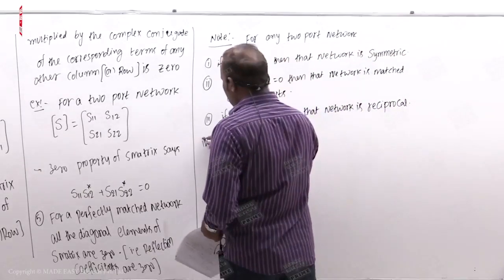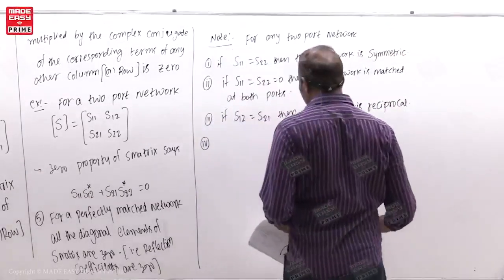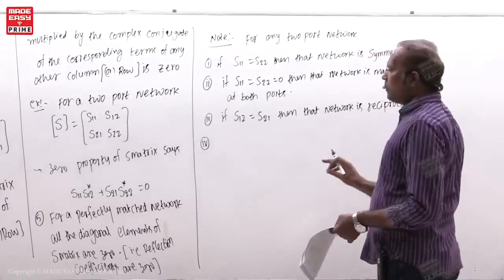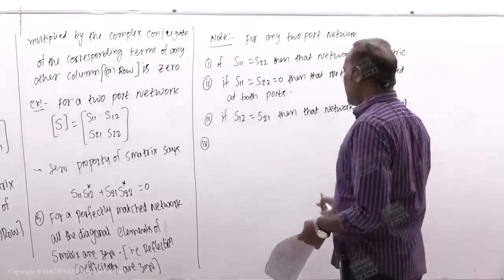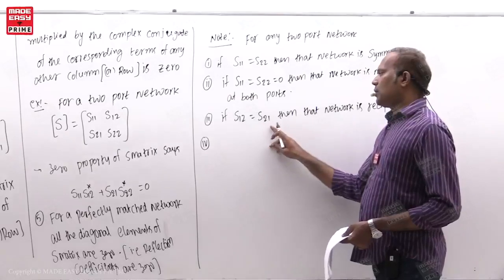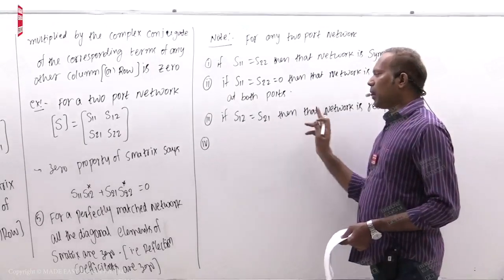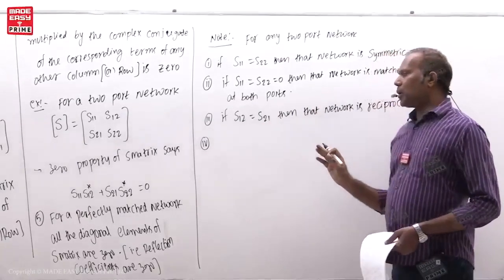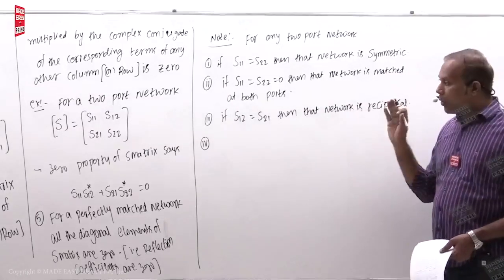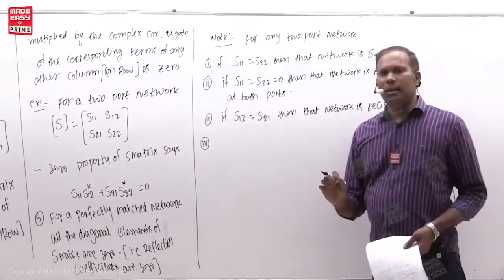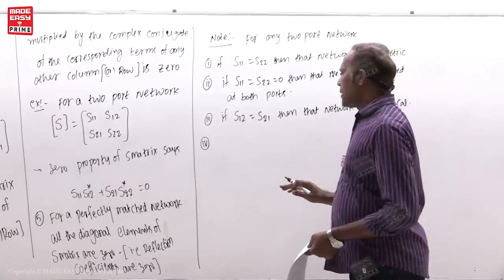Similarly, I told you modulus of S12 is equal to modulus of S21 is equal to 1. That means that is lossless. Whatever is transmitted at port 1 goes to port 2, and whatever is transmitted at port 2 goes to port 1 without loss, and also it is reciprocal and lossless.